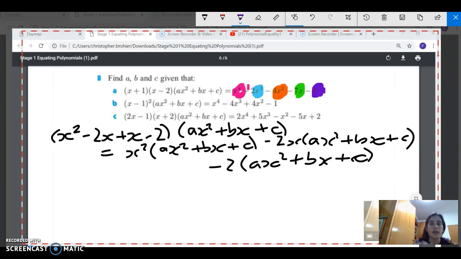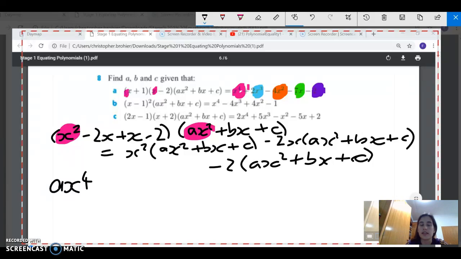Now, notice that if you multiply x squared by ax squared, you get ax to the 4. Is there any other way that you can get a term raised to the power of 4 on the left-hand side of the equation? You think about it.